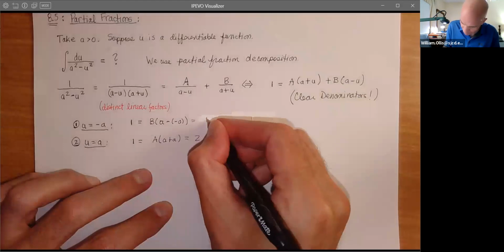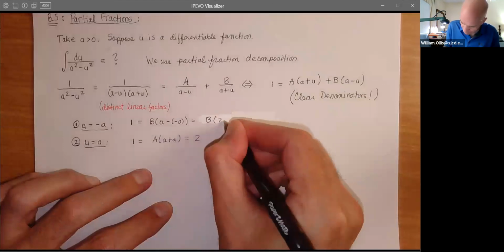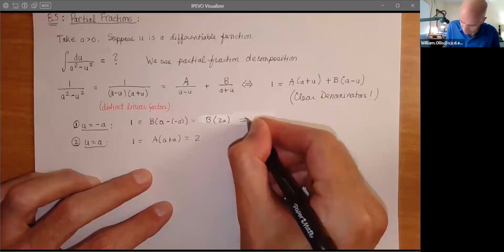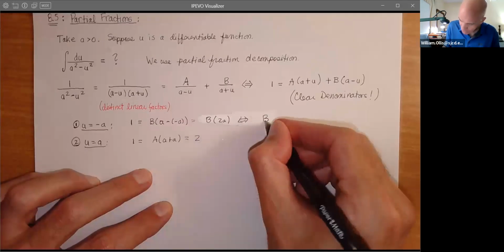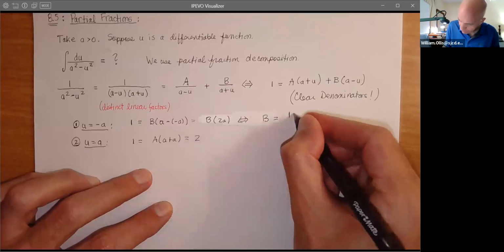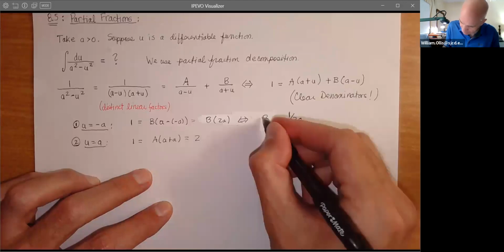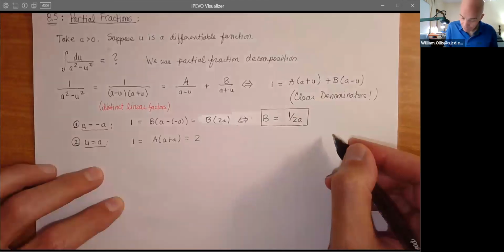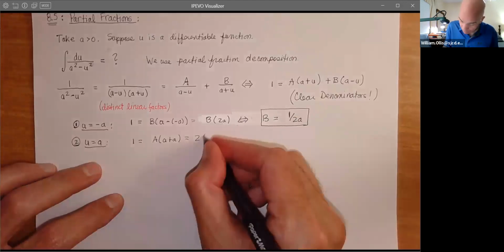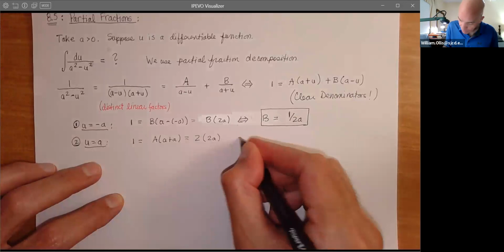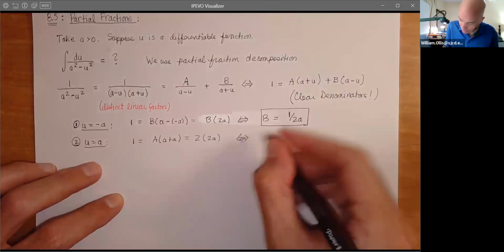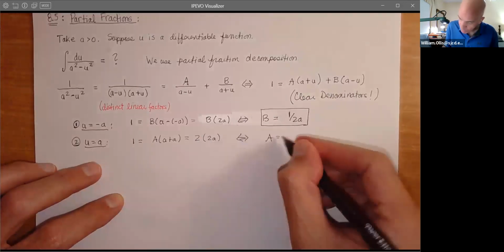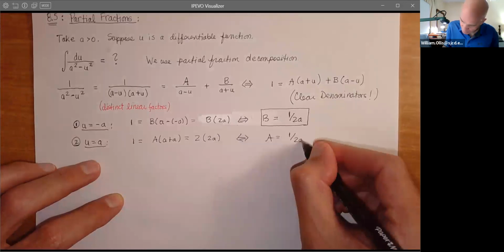So we've got A times 2a. So A is 1/2a, forgive me. I'm doing this in general, so I can't forget the little a's.